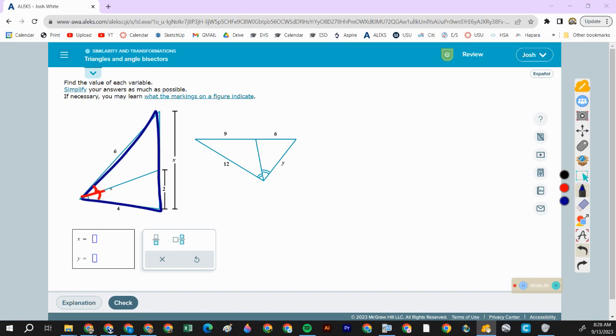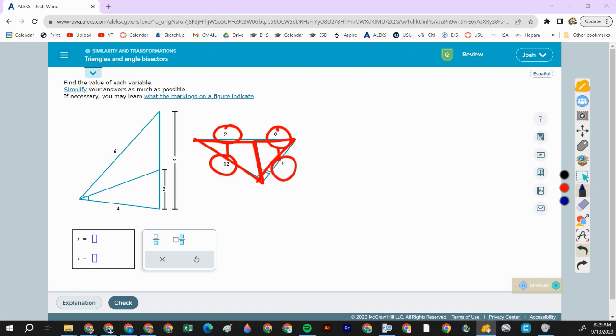So that angle bisector divides this into 2 smaller triangles. Okay? And the angle bisector theorem says that this length divided by, well, let's not use this one. Let's use this one. So we have this little triangle and this little triangle. This length divided by this length is equal to this length divided by this length.